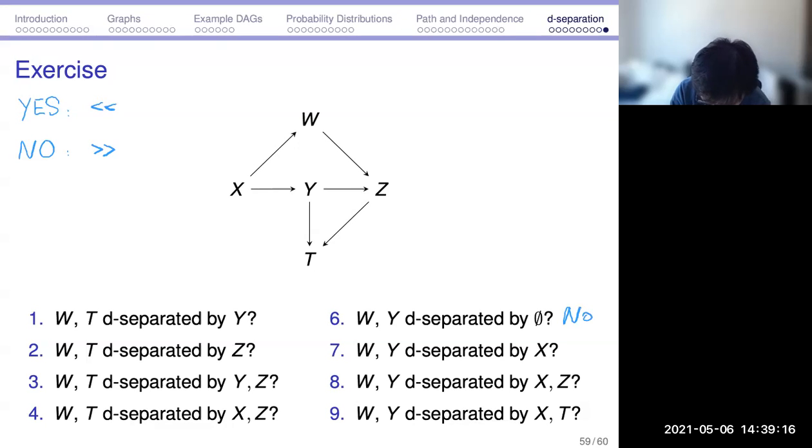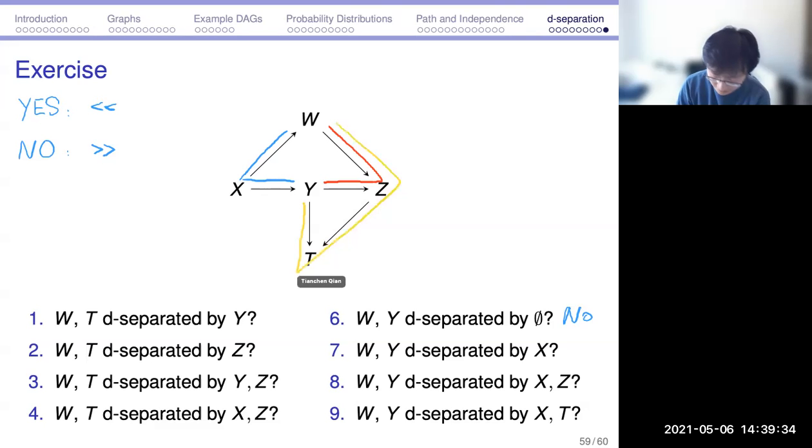The paths between W and Y, there are a few. We have this one, one over here, and another one over here. The question is, if we condition on X, are W and Y d-separated? Are all the paths blocked?